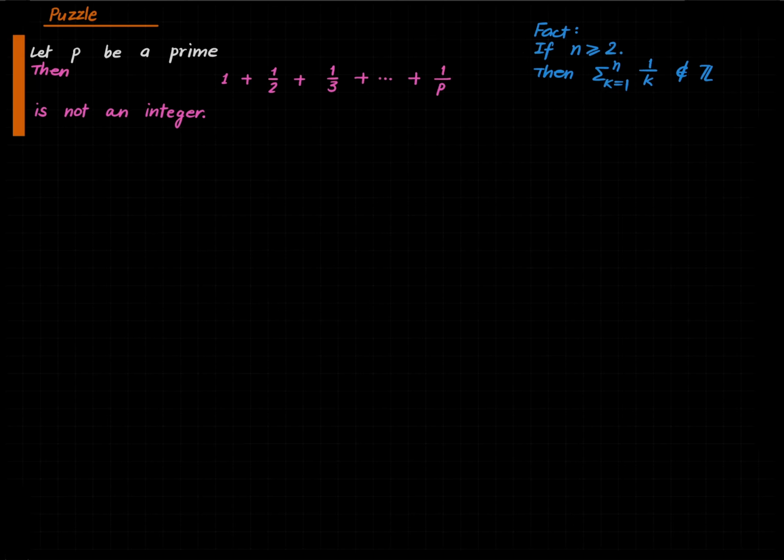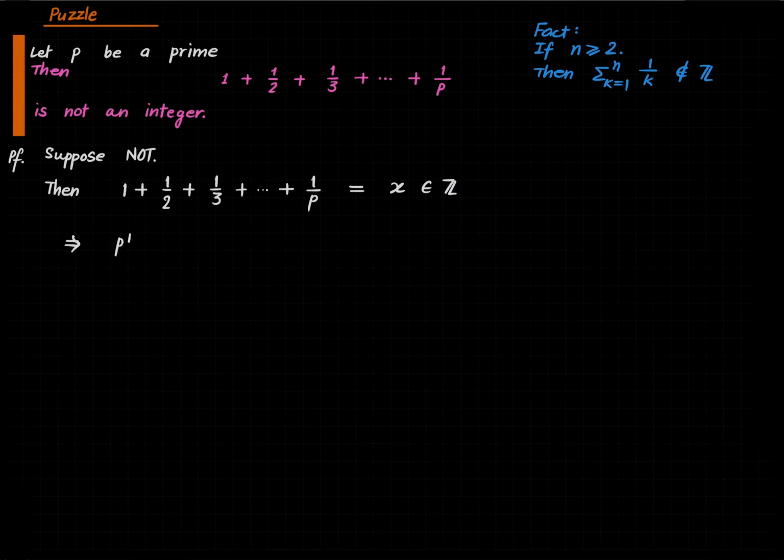All right, so let's see. Here is the proof. Suppose not, then this is an integer, some integer, call it x. Multiply both sides by p factorial. So let's multiply both sides by p factorial.